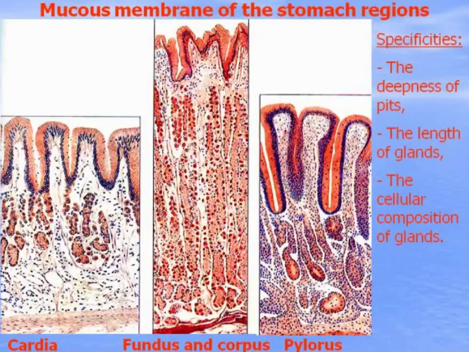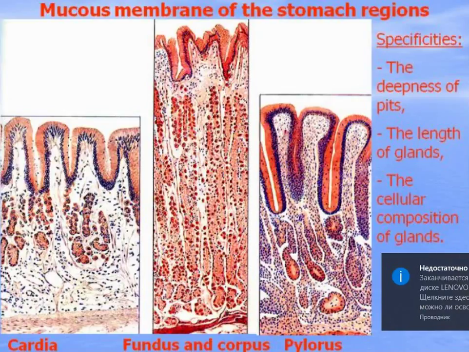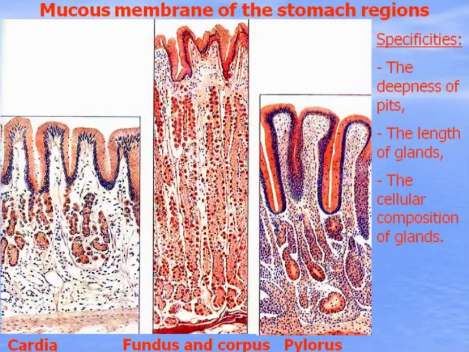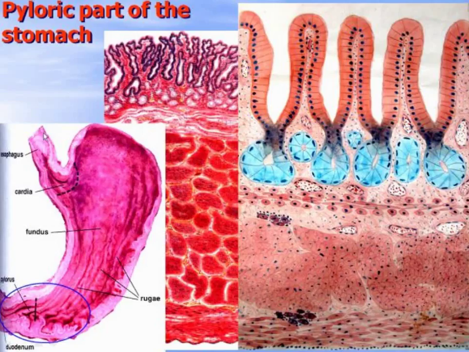In the pylorus, there are the deepest gastric pits and shortest glands, the pyloric glands. They contain no parietal or chief cells, only mucous secreting and endocrine cells. This slide demonstrates the location of pyloric glands in the pyloric part of the stomach at low magnification: mucous membrane and a very thick muscle membrane.